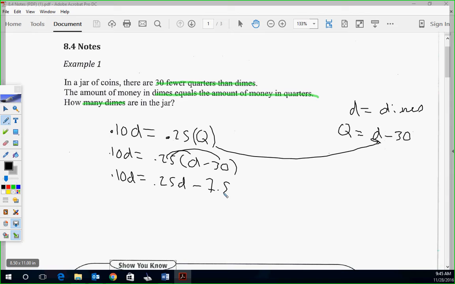So there it is. At this point, we want to have our variables together. I move the smallest variable. What's smaller, 10 cents or 25 cents? 10. The reason I move the smallest is because I want to keep a positive variable if I can.